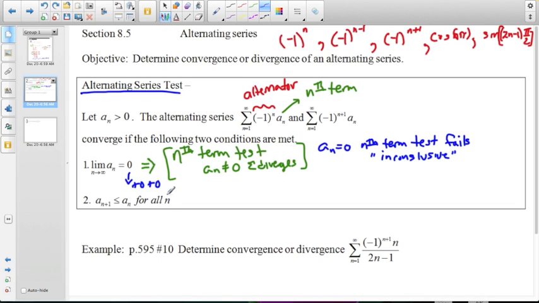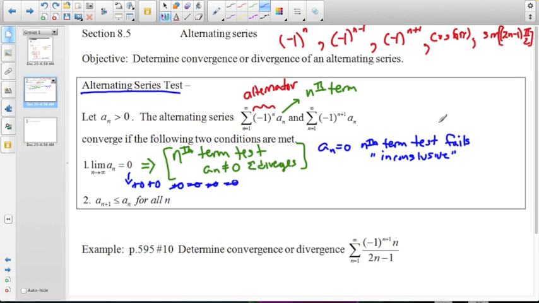Or in the case of an alternating series, we end up adding 0 and subtracting 0 and adding 0 and subtracting 0. So obviously, these zeros will cancel out, and we know we've stopped contributing to the sum. We can then call it a convergent series.